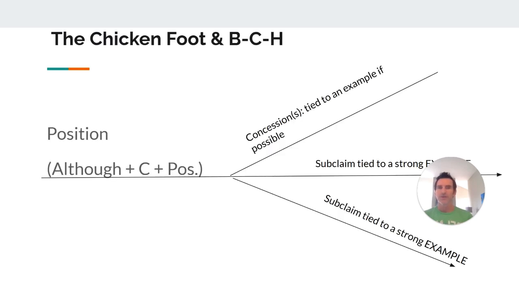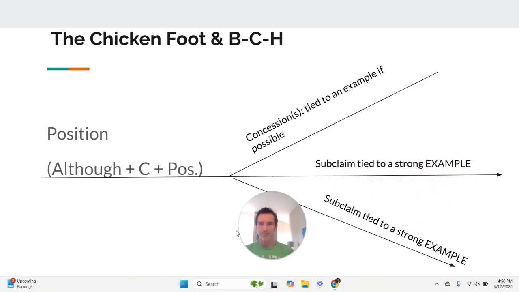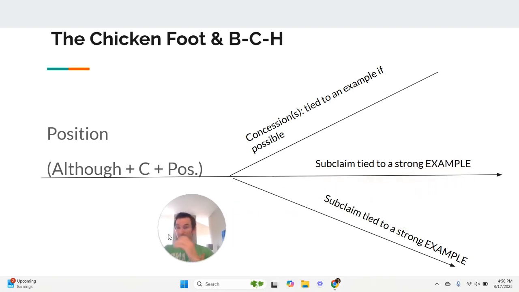Here's the chicken foot itself that I got from Miss Thompson, our AP Euro expert here. I just adapted it, and you're going to do your position on this line right here. I like to craft my position as although plus concession plus position.